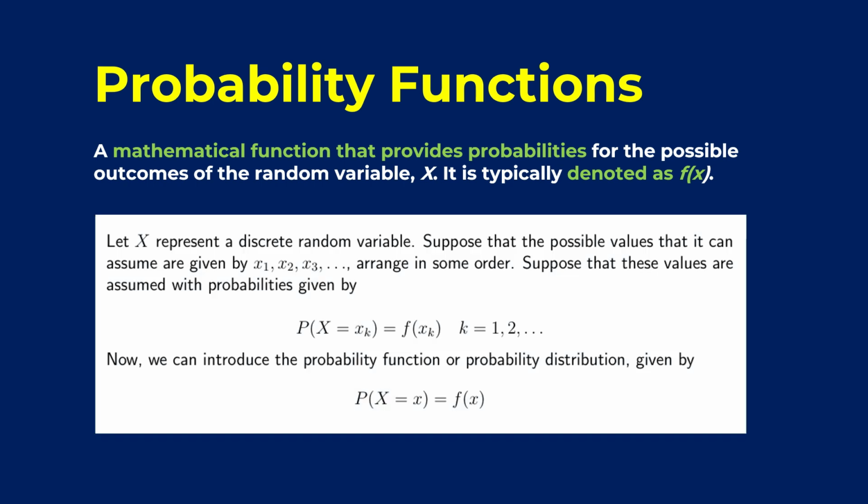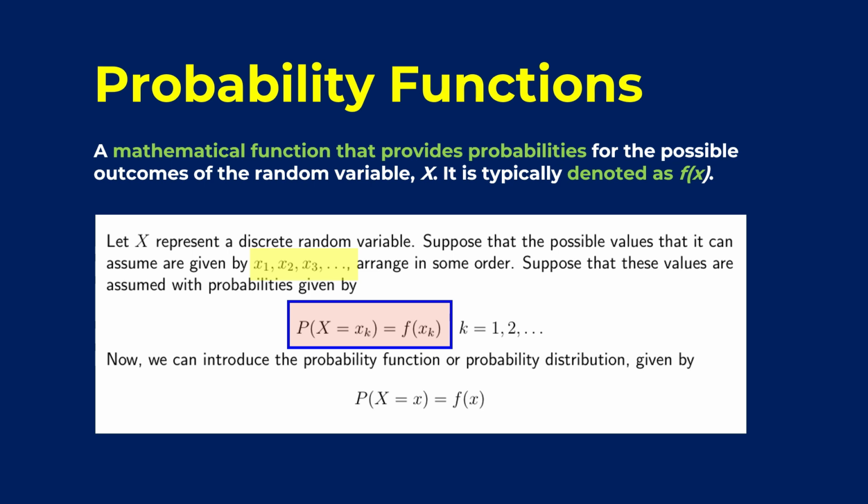Suppose that the possible values that the random variable x can assume are given by x sub 1, x sub 2, x sub 3, and so on, and these are arranged in some order. Let's also say that these values are assumed with probability, that is, the probability that the random variable is equal to x sub k is equal to f of x sub k.